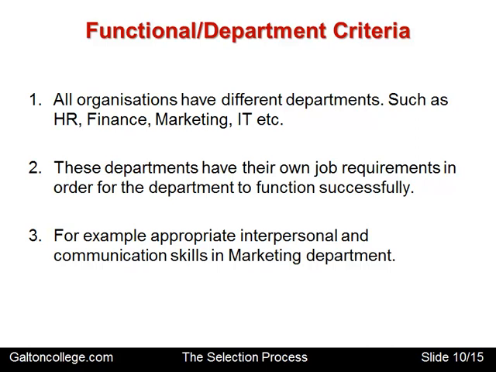The person coming in must be able to link to other people and communicate and be friendly to other people, not to cause friction within the working environment, not to upset teams that have been established.